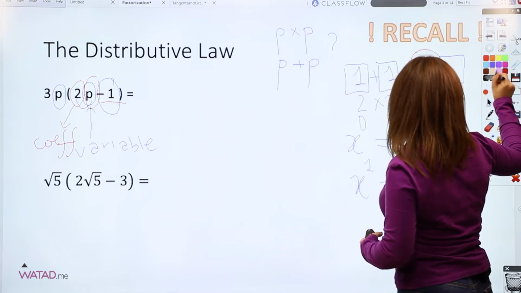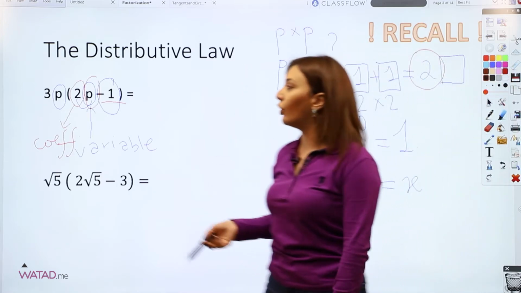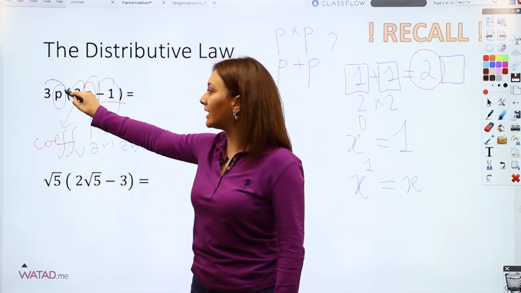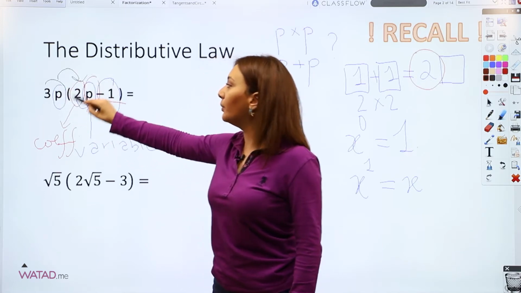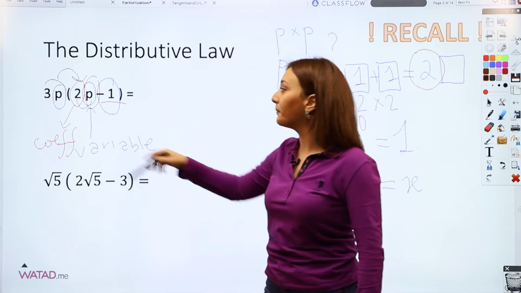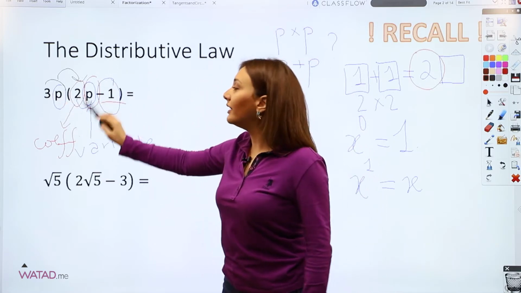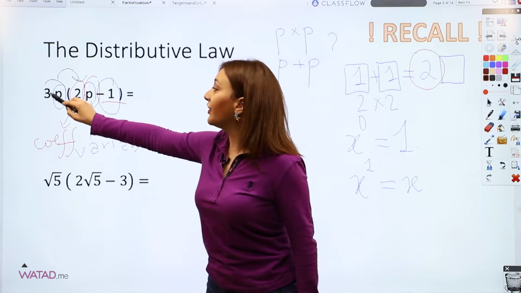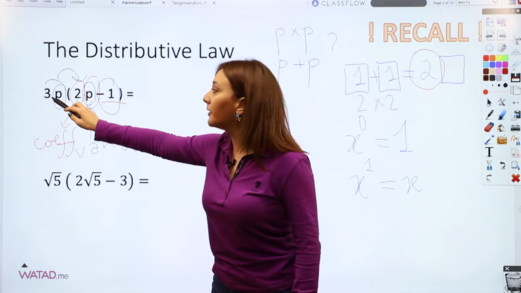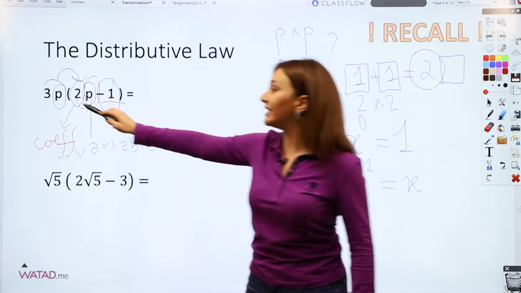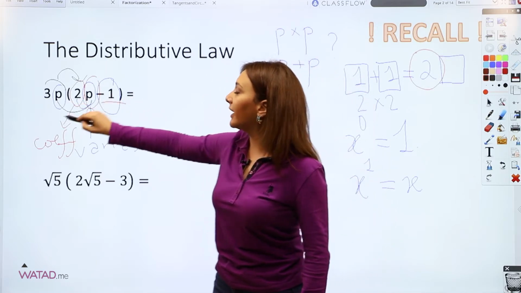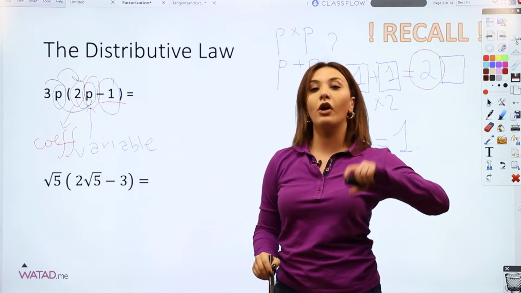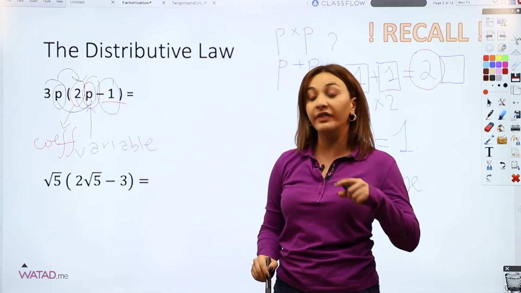How do I multiply this? The distributive law tells me I should multiply every number outside by every number inside the parentheses. I don't multiply the coefficients with the variables. This is not 3p times 2p equals 6p. It is 6p squared, because I multiply p times p, and I reminded you of the powers in the square root video.